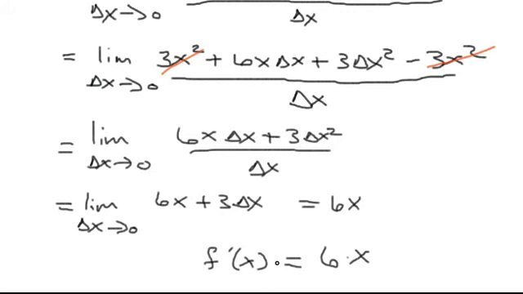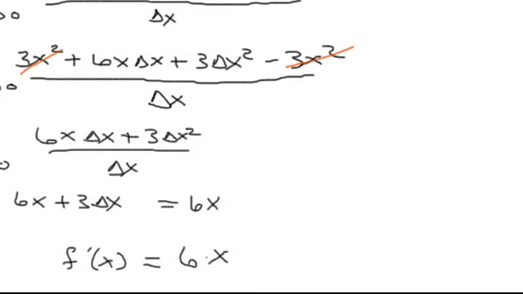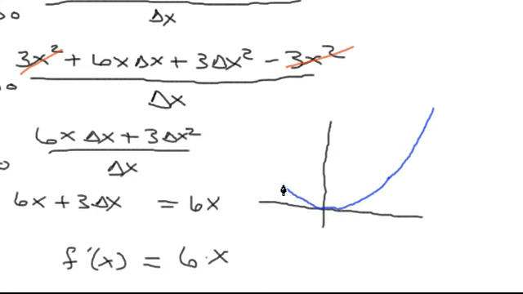So let's keep that in mind. F prime of x is equal to 6x. Actually, let's move over to this side of the whiteboard, and I'm going to attempt to draw a graph. Well, that's terrible, but it's really hard drawing on these writing pads. If we were to graph out our function, which was 3x squared, it would look something like this.